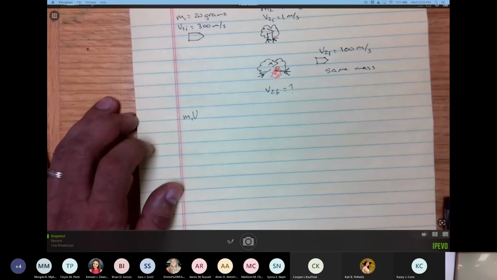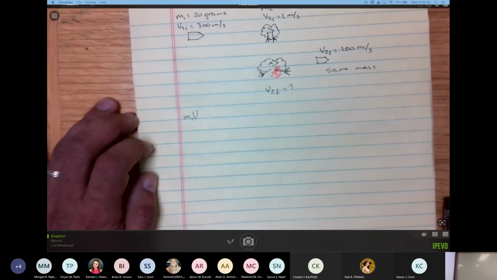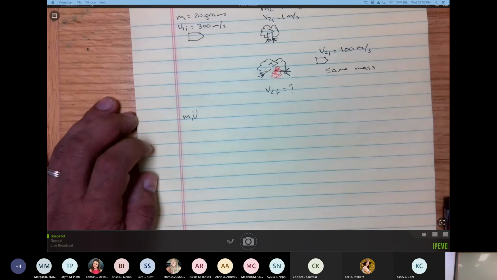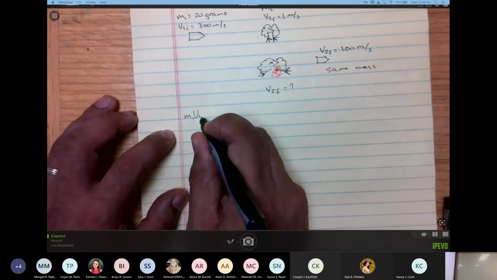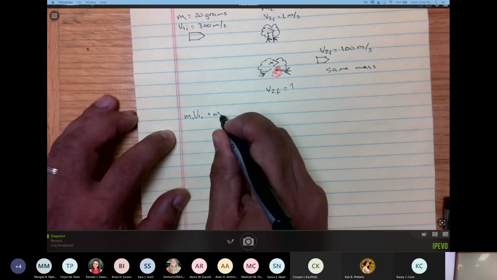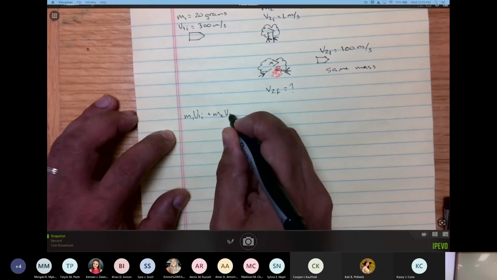It's really easy to start mixing them. So I'm going to have the initial velocity of mass 1. These are going to be my initial conditions, and these are going to be my final conditions.